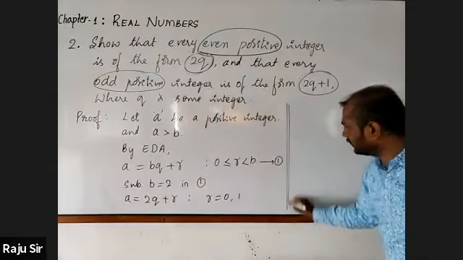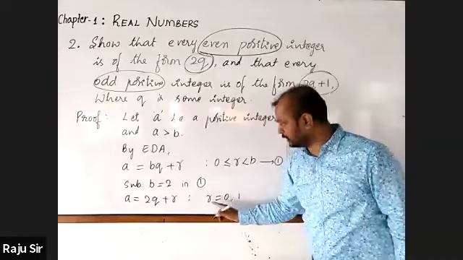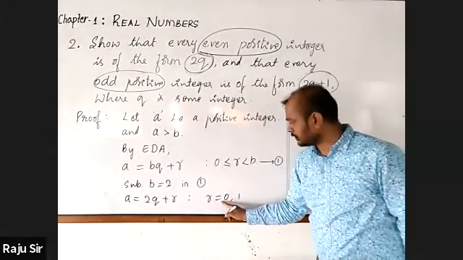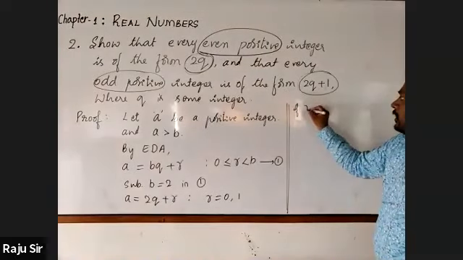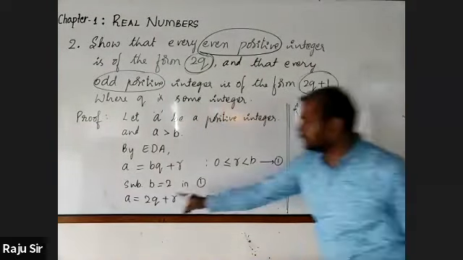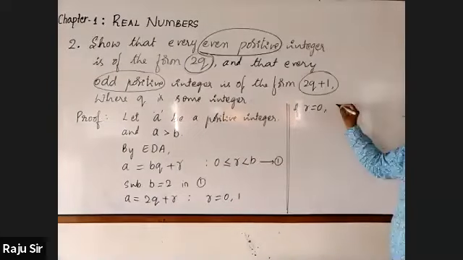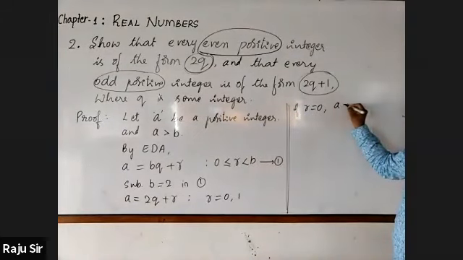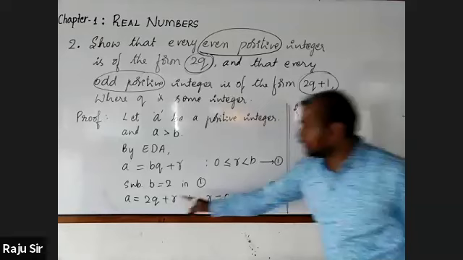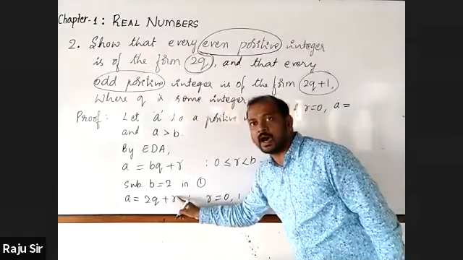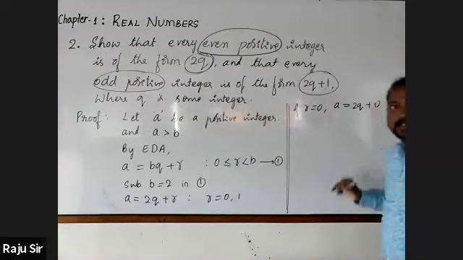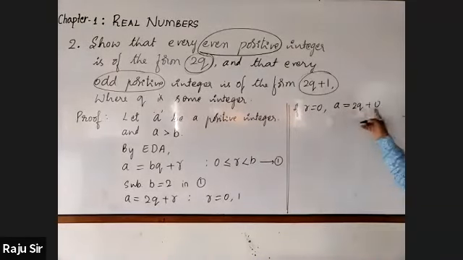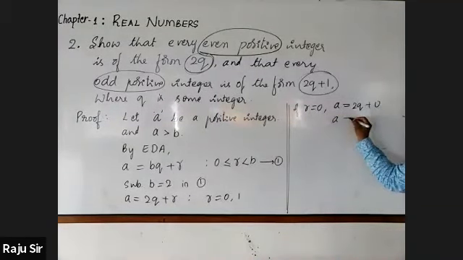Now, I'll continue. Please go on writing with me. Let us take 0 in place of R. If R equal to 0, then I can write the statement as A is equal to 2Q plus R, where R is 0: 2Q plus 0, which is 2Q only.